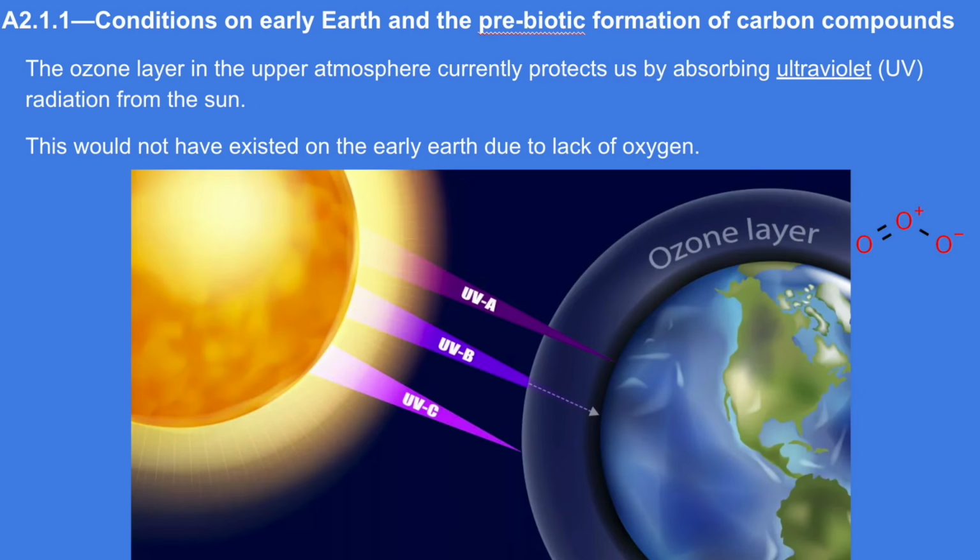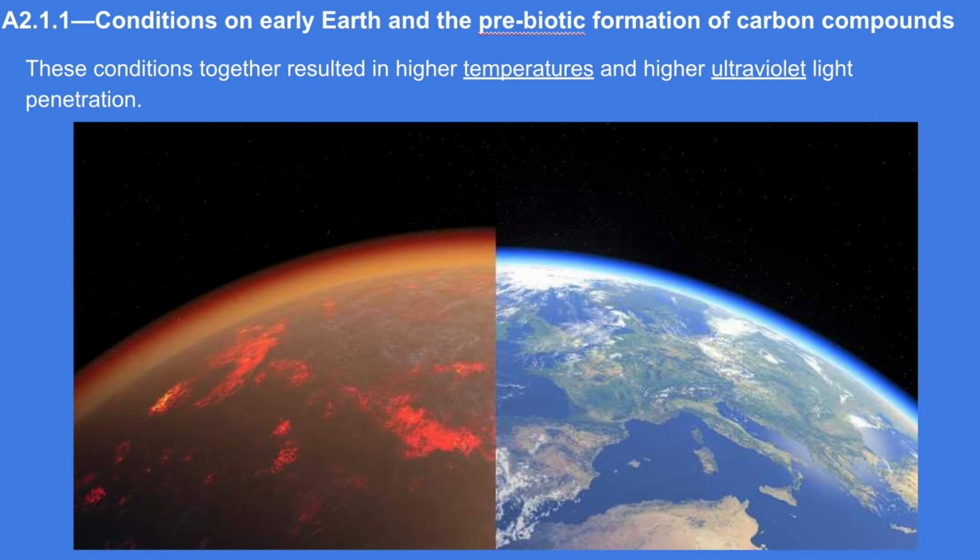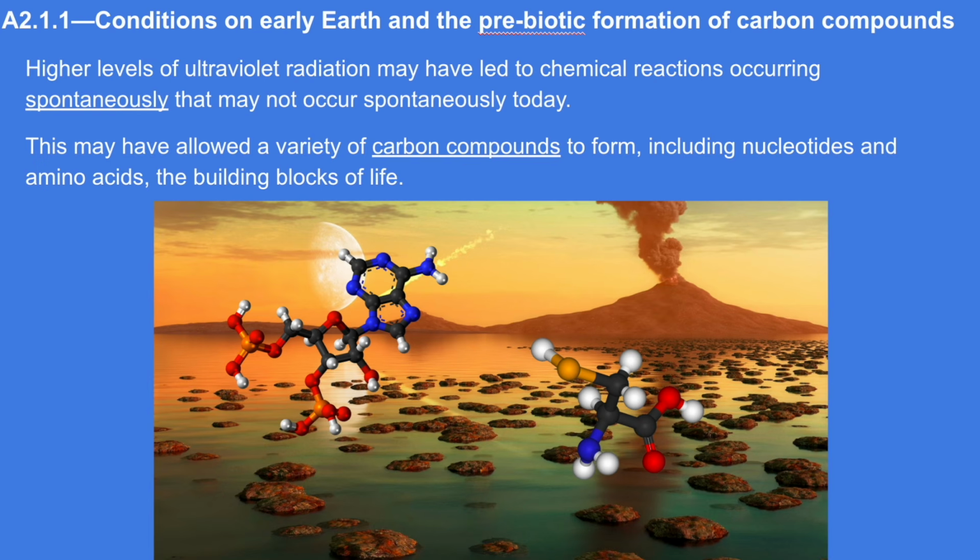Okay, without the ozone layer, that's going to allow for all of this ultraviolet radiation from the sun to enter the planet, which is going to be very hard for anything that is trying to live outside of the oceans to survive. And it was a very desolate place, higher temperatures, higher UV light penetration. Okay, but one thing those UV light radiation levels may have done is allowed for chemical reactions to occur spontaneously that may not occur spontaneously today.